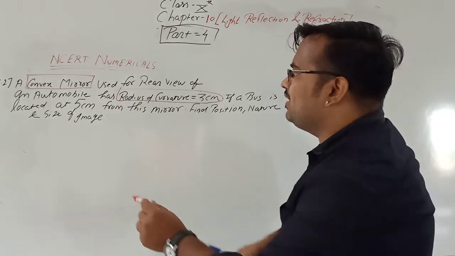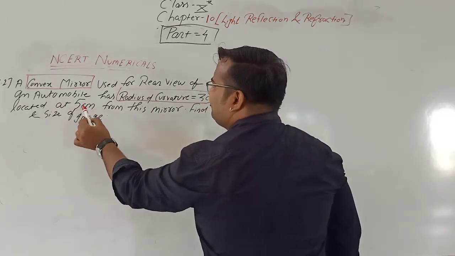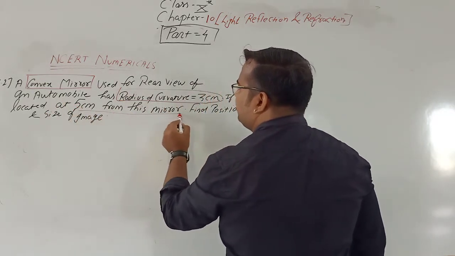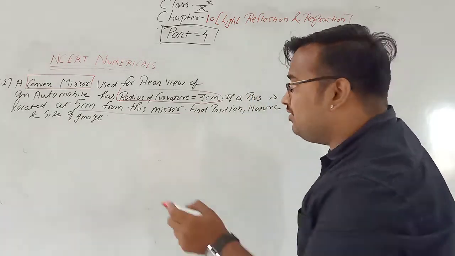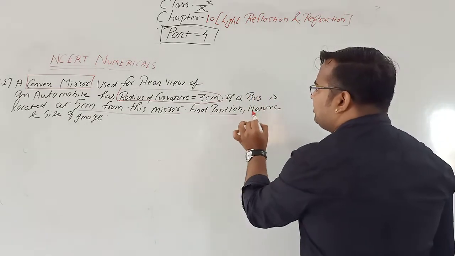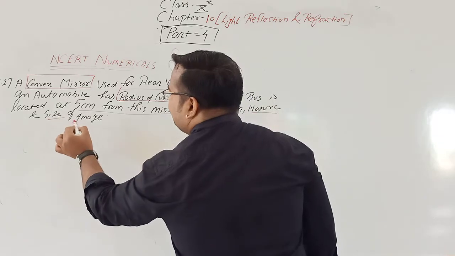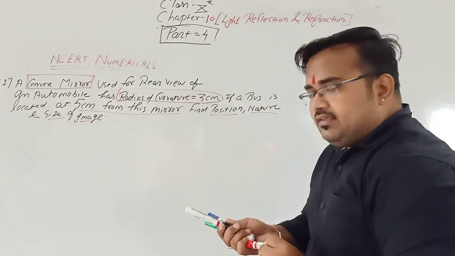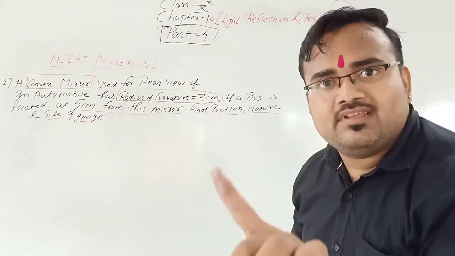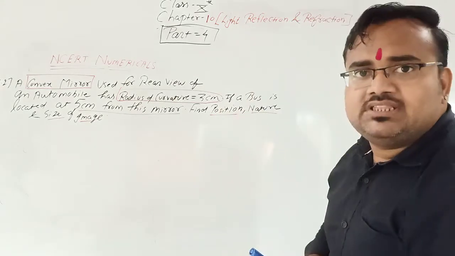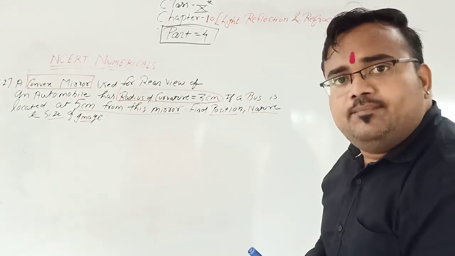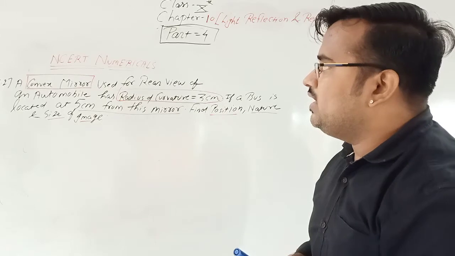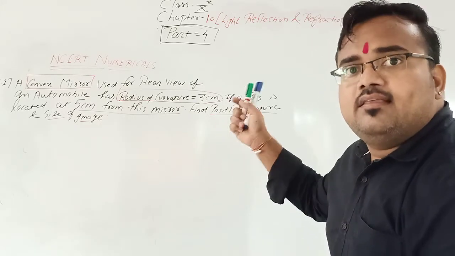If a bus is located at 5 centimeter from this mirror, find the position, nature, size of image. See the question carefully. First you should pause this video and note down the question. Then you should see the solution.